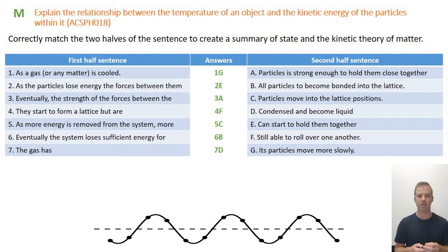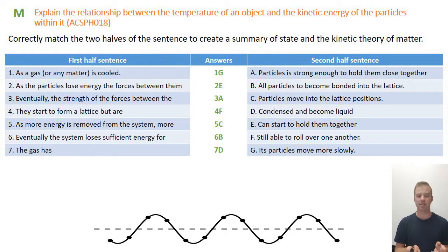Eventually, the strength of the forces between the particles is strong enough to hold them close together. They start to form a lattice but are still able to roll over one another. As more energy is removed from the system, more particles move into lattice positions.